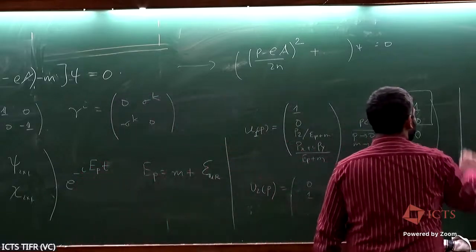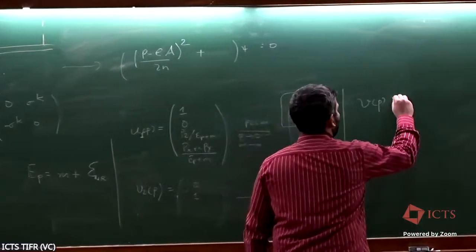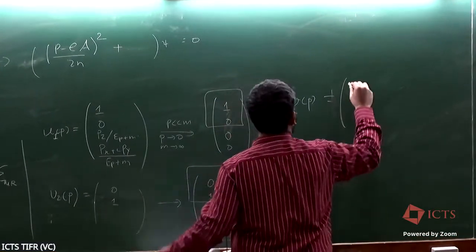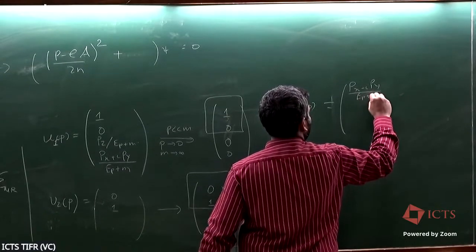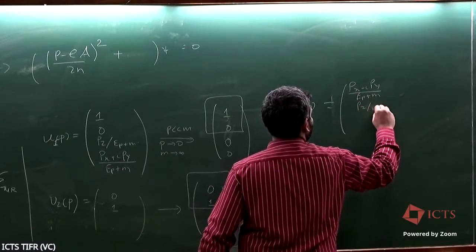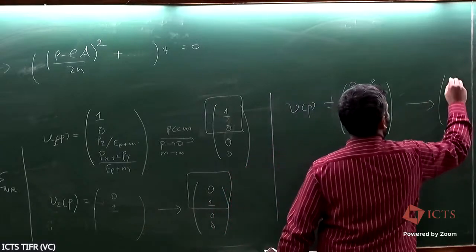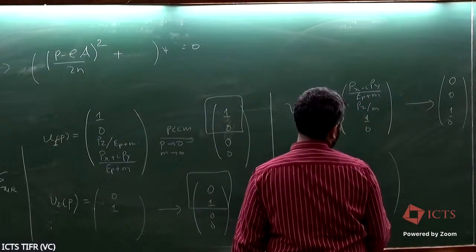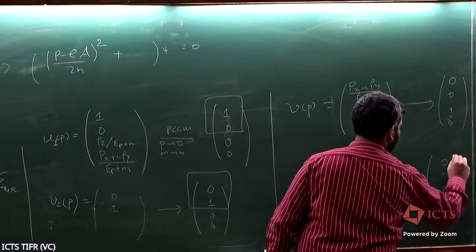Now, if I do the same thing for the negative energy solutions, v of p, let me write one case. This reduces down to 0, 0, 1, 0, and the other would reduce down to 0, 0, 0, 1.